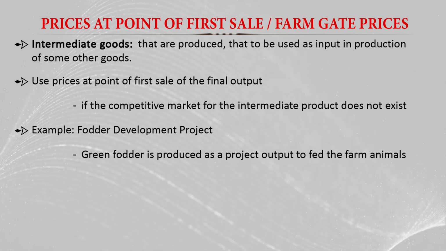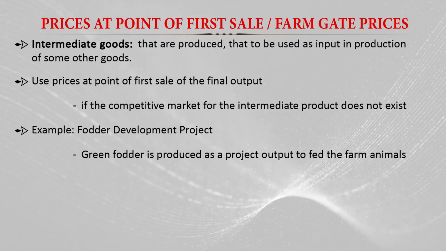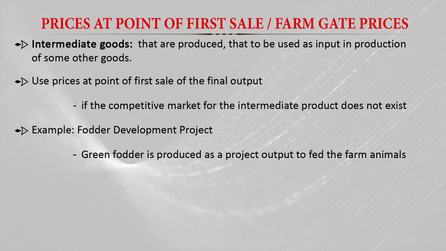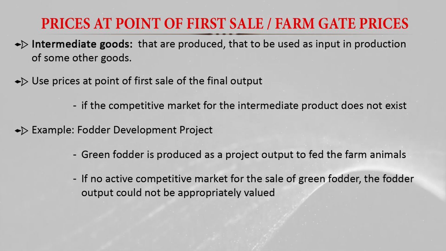So we can understand, in the case of a fodder development project, green fodder is produced as a project output to feed the farm animals, and if no active competitive market for the sale of green fodder is available, the fodder outputs cannot be appropriately valued.